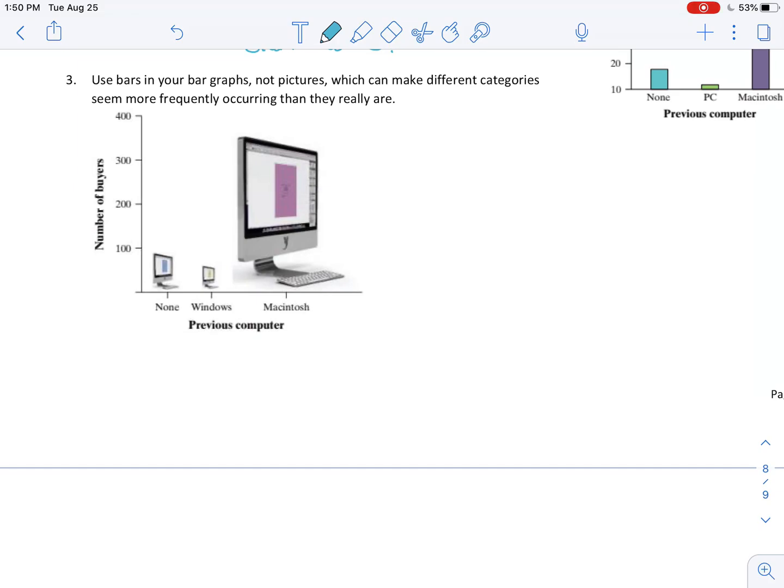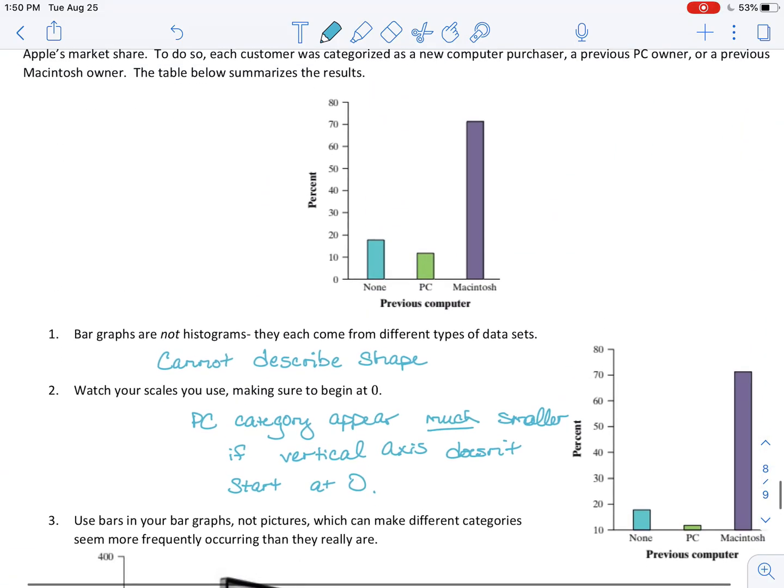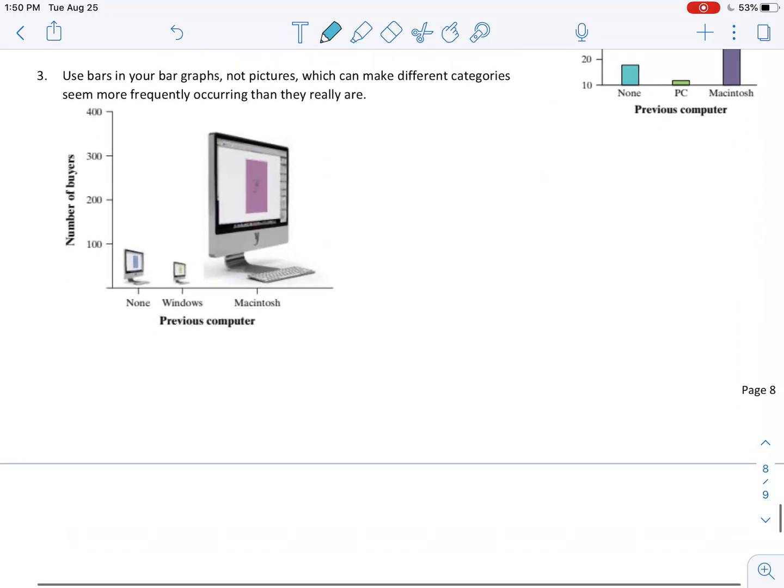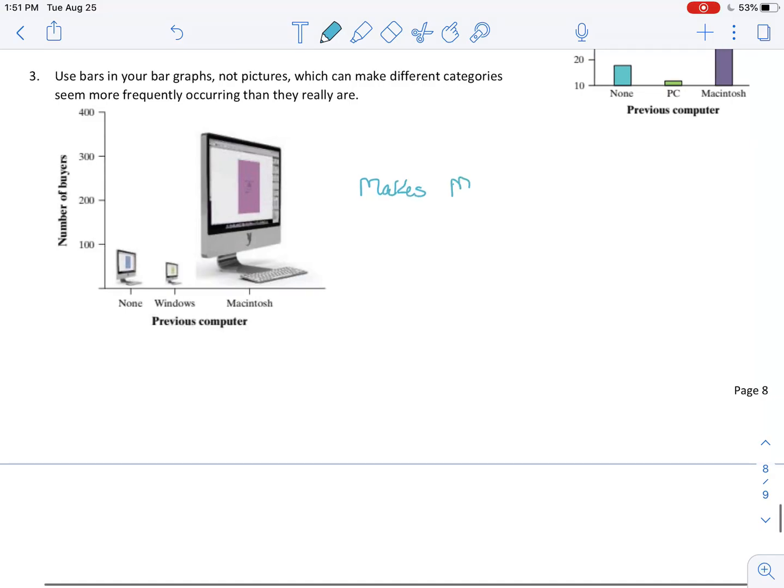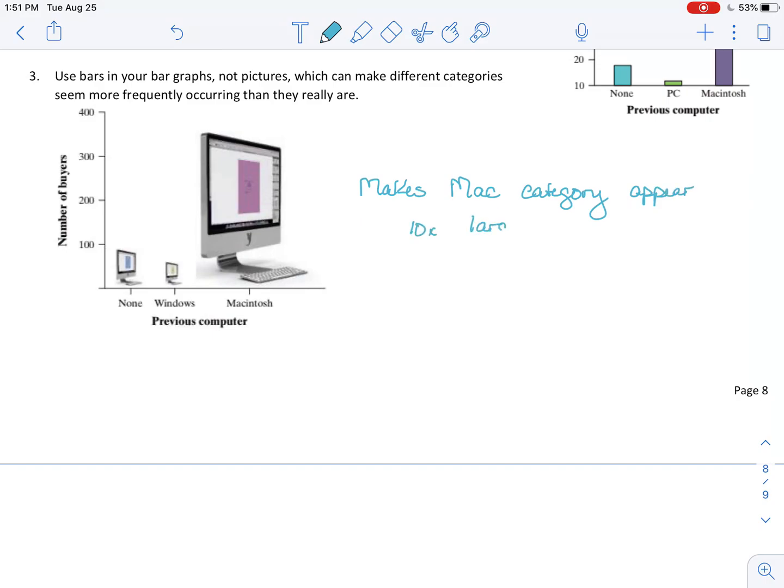It makes it look like Mac's 10 times the size of the Windows, when, what is that, 75-ish% is not 10 times 15%. So that's the only thing I'm going to note here. This is misleading because it makes our Mac category appear 10 times larger than our Windows category.